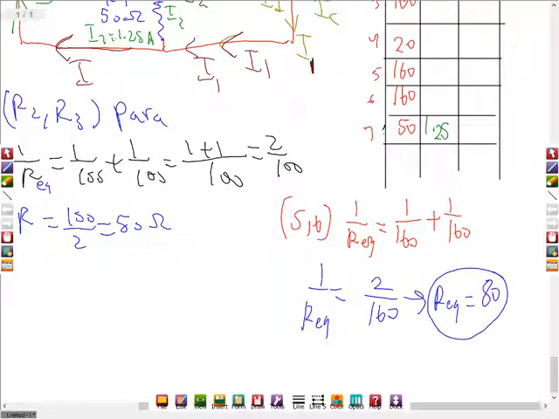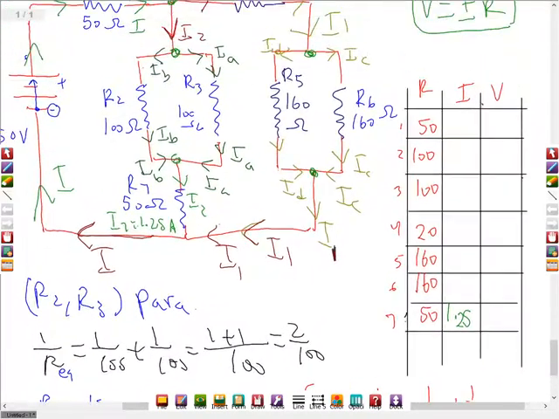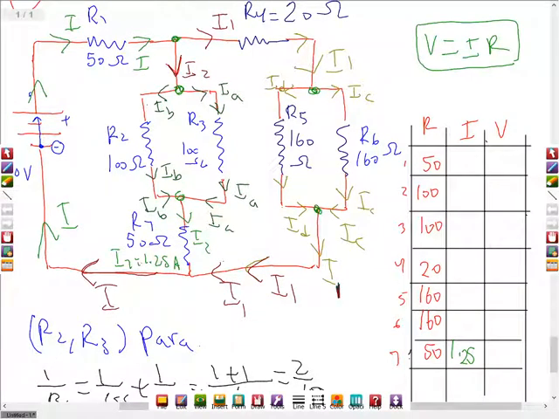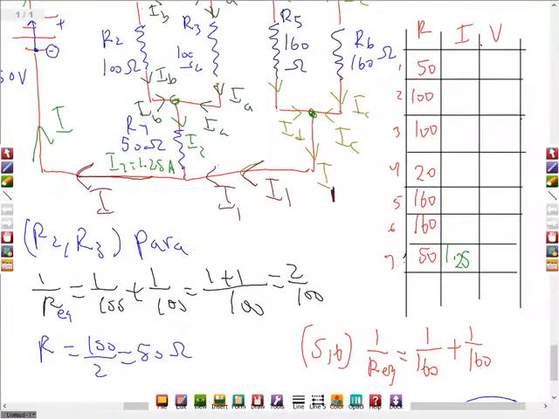Now the equivalent of R5 and R6 is in series with R4, which is 20.